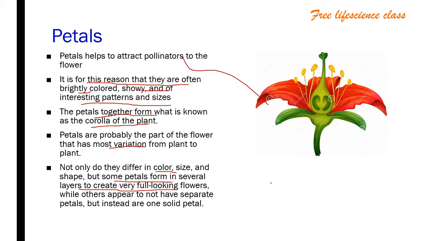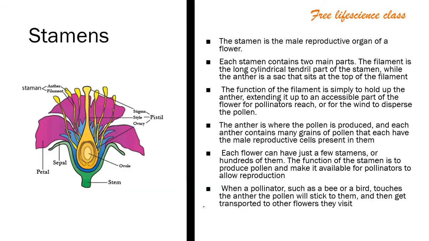So we know that some flowers have layered petals, one above the other, for example roses, then species of hibiscus. While others appear not to have separate petals, but instead one solid petal. Okay. So this is all about petals.